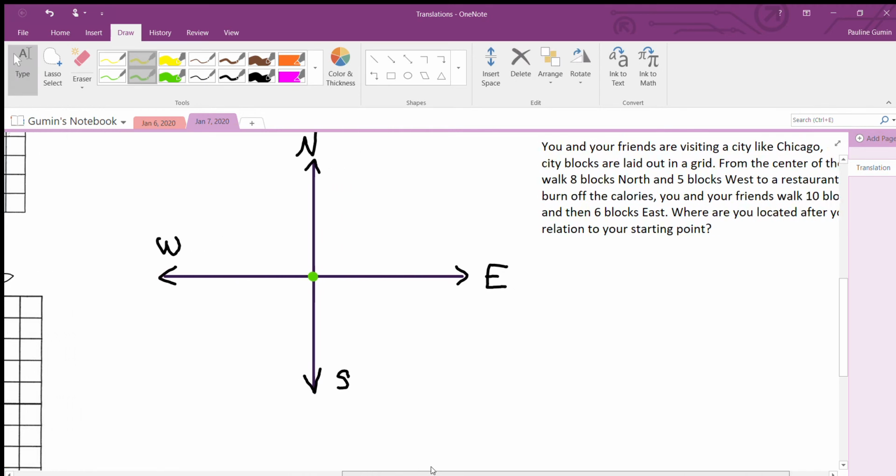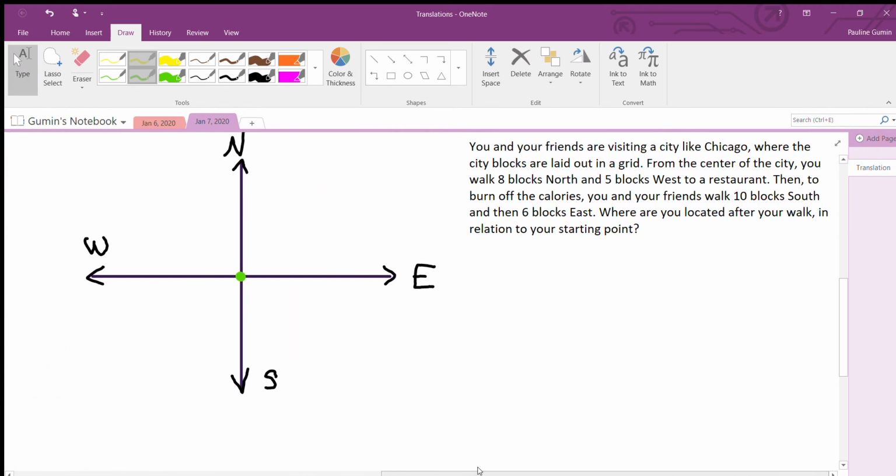From there, we walk 8 blocks north. Well, that means we go up 8. And then we go 5 blocks west. So that's 8 north, 5 west. Oh my gosh, I can't believe I wrote the 8 first. Okay, wonderful. So that's where your restaurant is.